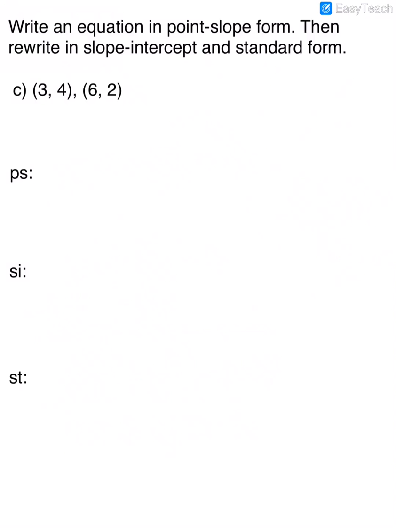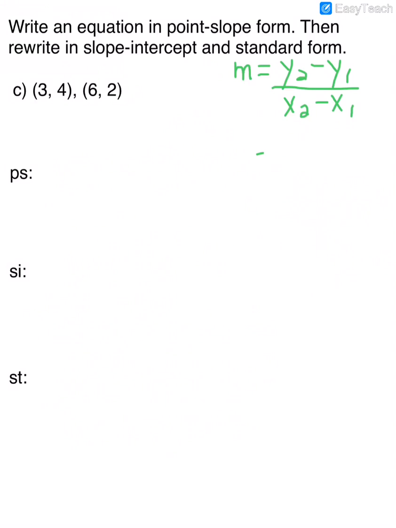Well, if you'll remember, we learned how to find the slope in the previous lesson by using this formula. m is equal to y sub 2 minus y sub 1 over x sub 2 minus x sub 1. So that's what we're going to have to do first, is we're going to have to use those 2 points and find the slope, and then use that to write the equation of the line.